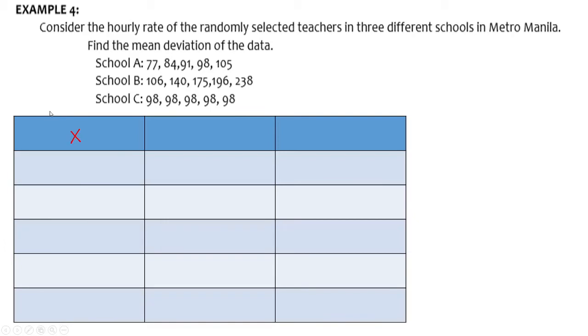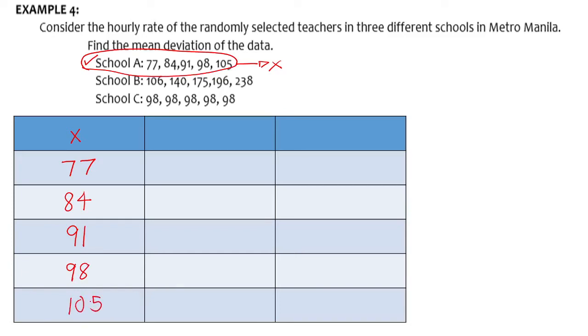As much as possible, we are looking at school A first. These are the X values. Arrange them in increasing order. So 77, we have 84, we have 91, we have 98, and we have 105.